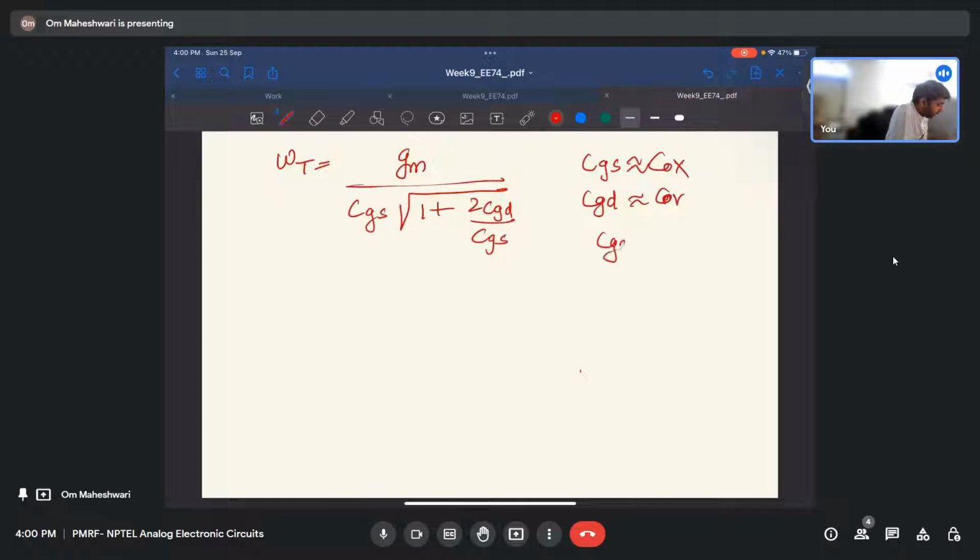So CGS is much greater than CGD. So we can ignore this CGD by CGS. So Ft can simply be assumed as Gm by 2 pi CGS.